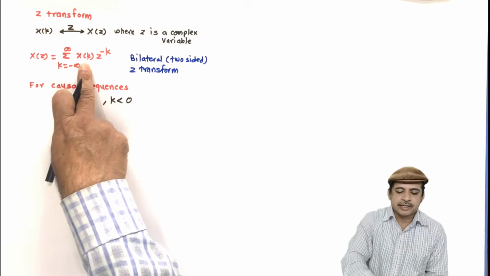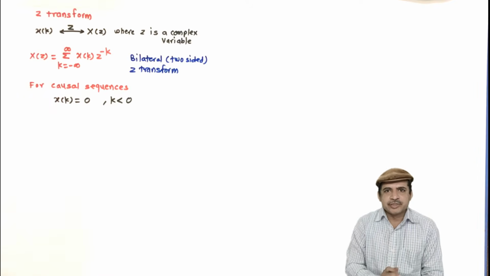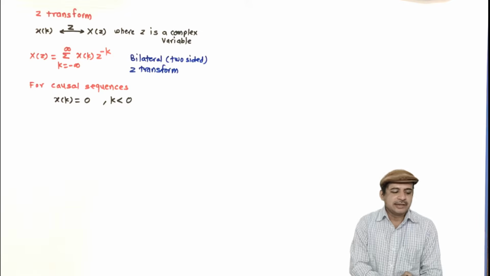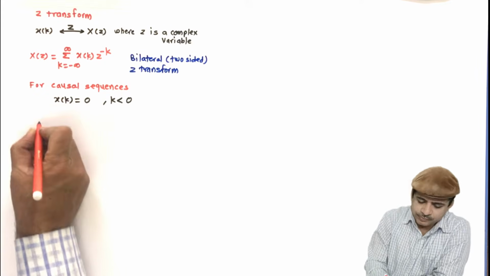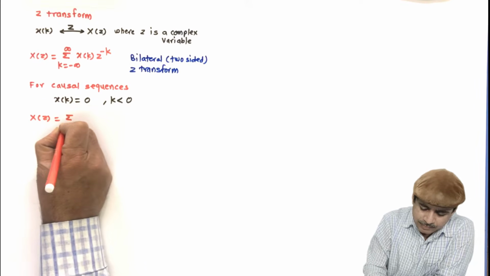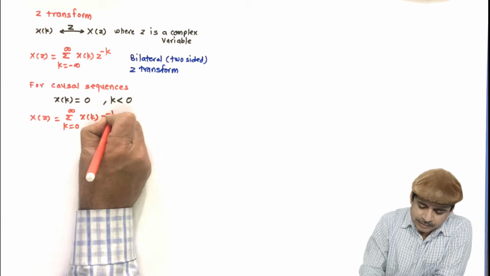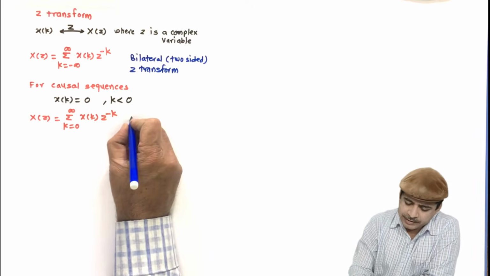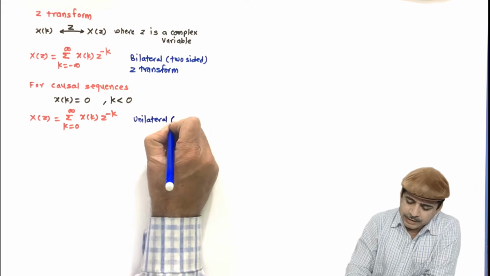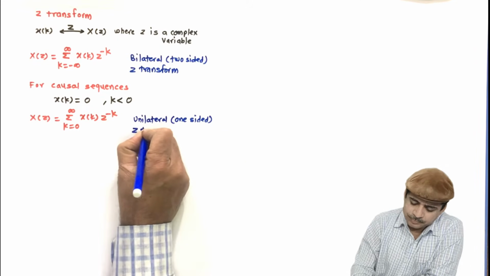Now in this definition, if x of k is 0 for k less than 0, this product will also be 0 for k less than 0. So no need to include those samples in the summation, and then it results into k equal to 0 to infinity x of k z raised to minus k, and this is called the unilateral or single sided or one sided Z transform.